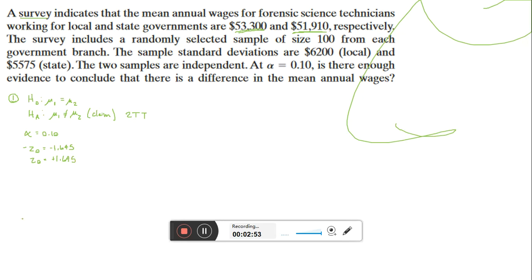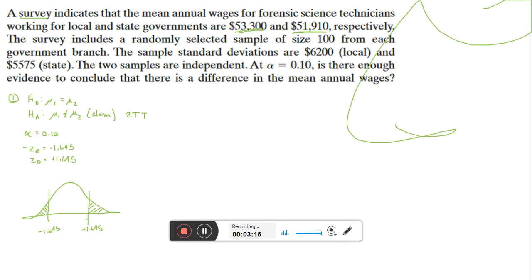If I'm sketching what's going on, we should get something that looks similar to this, negative 1.645 and positive 1.645.